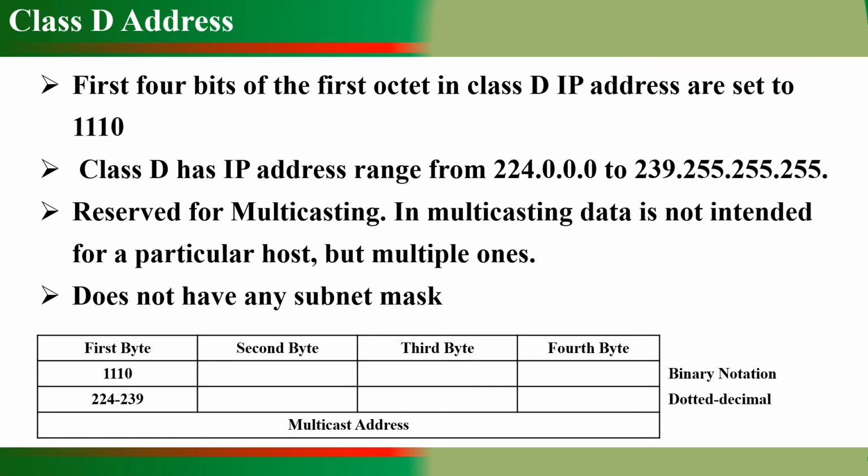Class D IP addresses are reserved for multicasting. In multicasting, data is sent to multiple people at the same time. It does not have any subnet mask. And one most important point about class D address is that it is not divided into network ID and host ID.